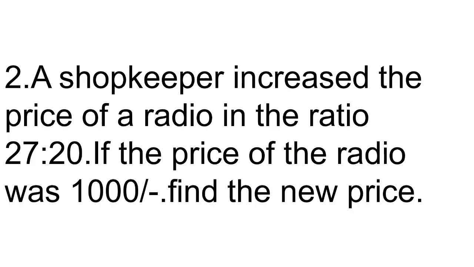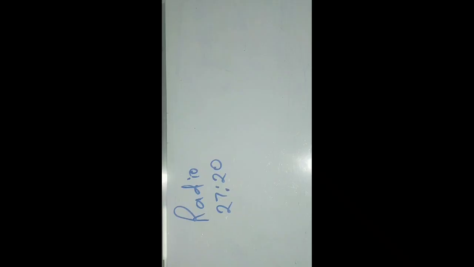Another question. A shopkeeper increased the price of a radio in the ratio 27 is to 20. If the price of the radio was 1,000 shillings, find the new price.